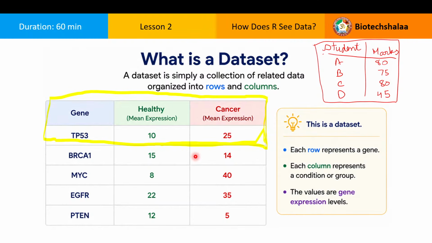Then you, as the bioinformatician, will ask the right questions: why, for example, MYC is higher here, why the PTEN gene has decreased here, or which gene we should study next among all of these genes. This is why I keep saying that R is a tool and you are the scientist. So are we clear here with the data set?